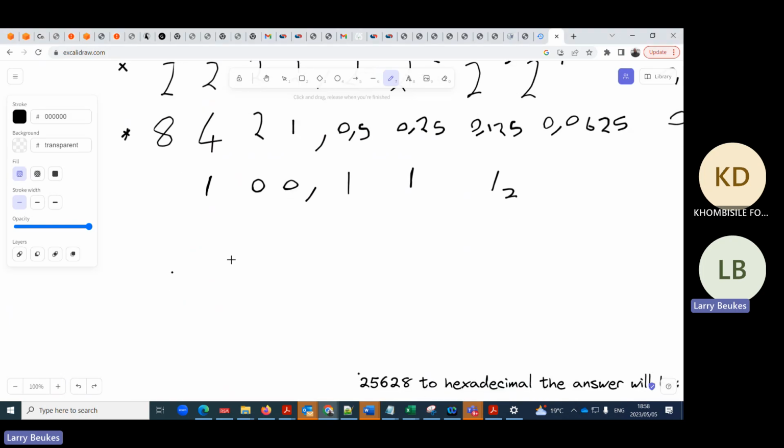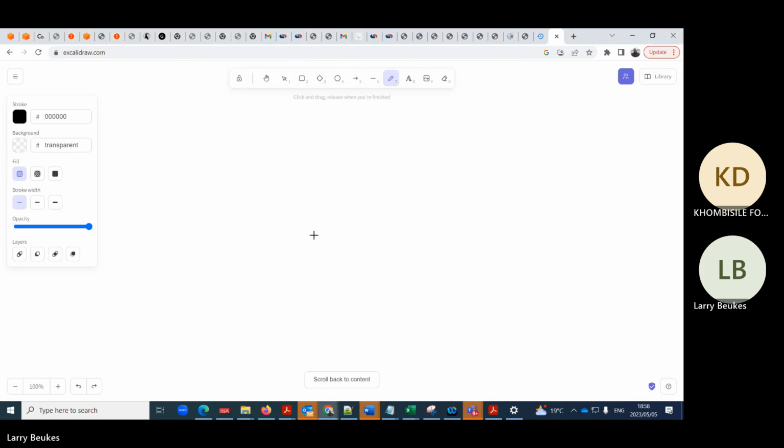Let's go back to hex. Remember you have the binary system, and then you have the hex. They can say to you, convert this to hex. If you convert it to hex, what you're going to do is group this binary into 4s.